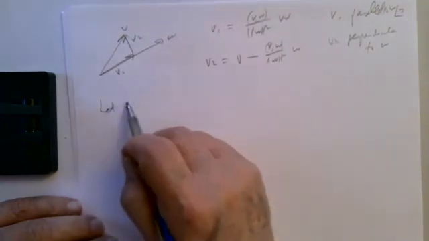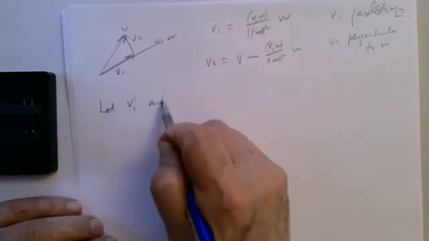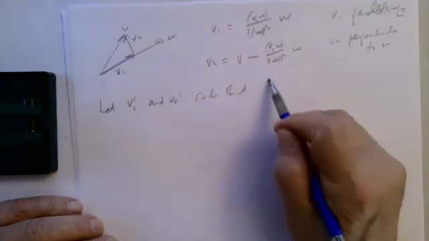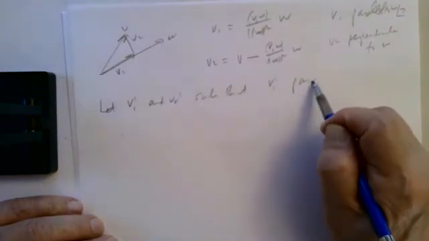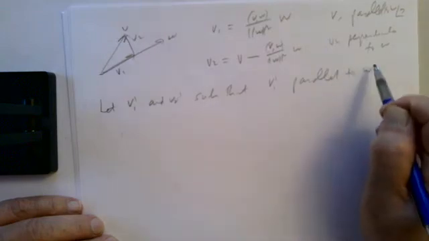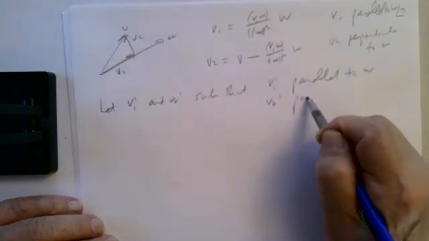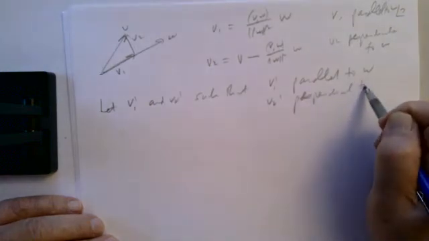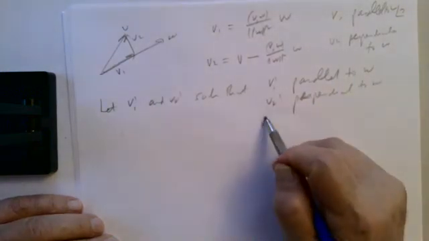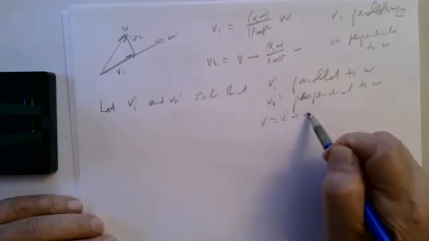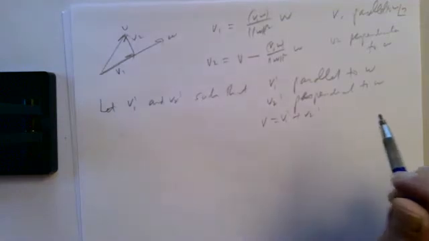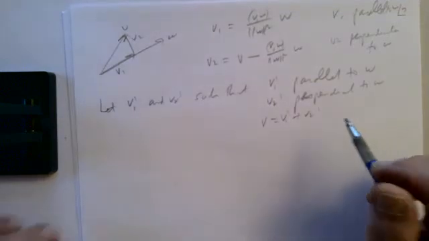So suppose we have vectors V1 prime and V2 prime such that V1 prime is parallel to W, V2 prime is perpendicular to W, and V is equal to V1 prime plus V2 prime. So in fact, we have two decompositions.